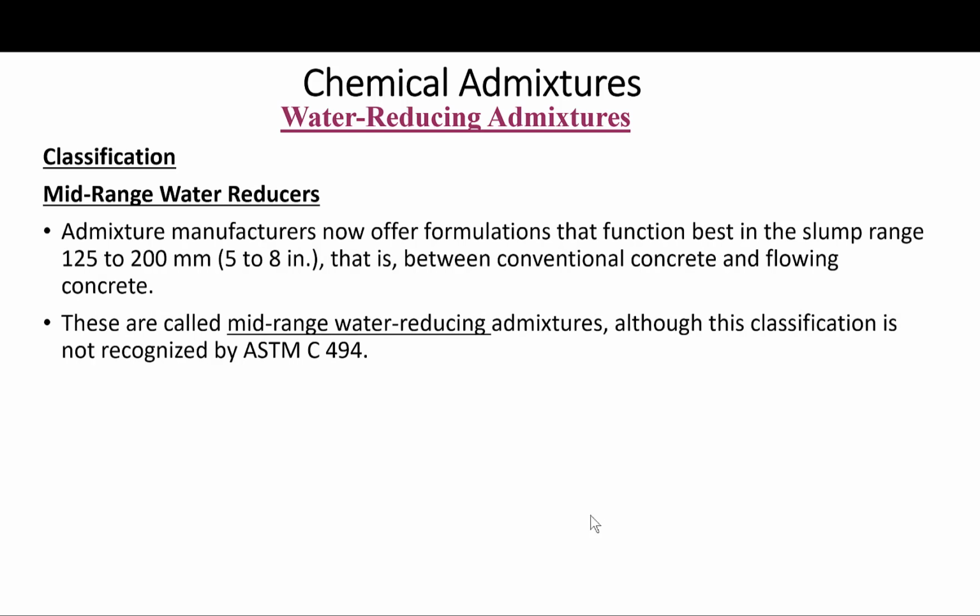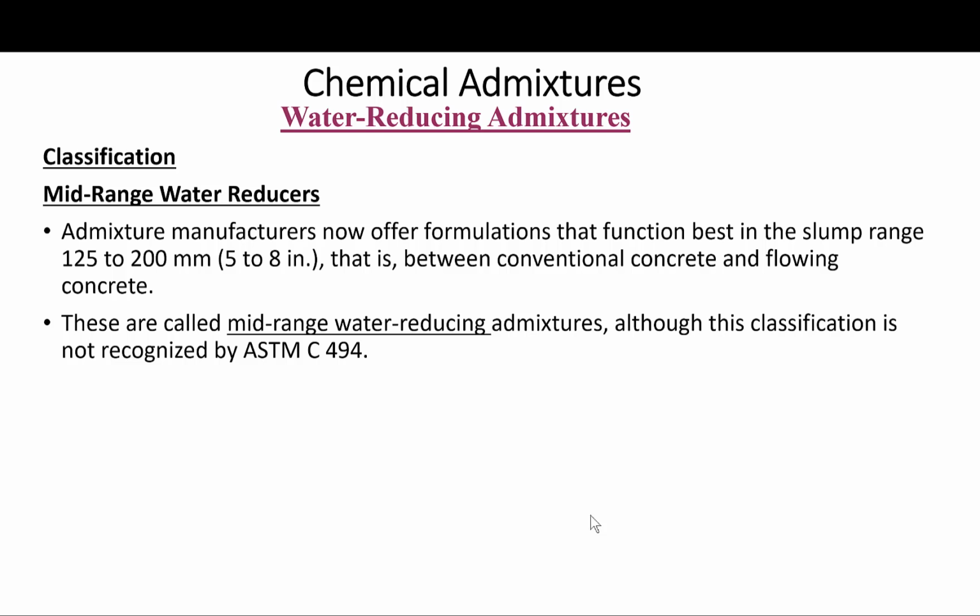Okay, the second one is the mid-range water reducers. Admixture companies now offer formulations that function best in the slump range of 125 mm to 200 mm, 5 to 8 inches. That is between conventional concrete and flowing concrete, somewhere in between.